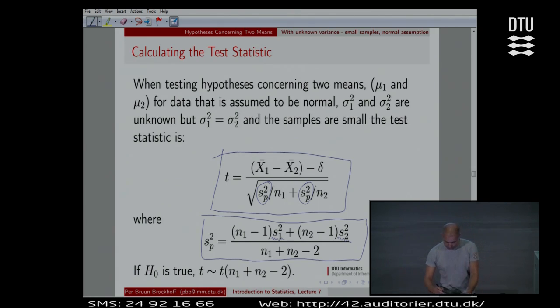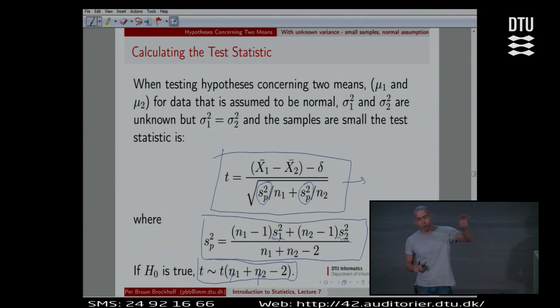If we use this, the test statistic becomes a T, that's the first result, like two weeks ago. And the degrees of freedom to be used, the relevant T statistic, is the one with the sum of n1 and n2 minus 2.